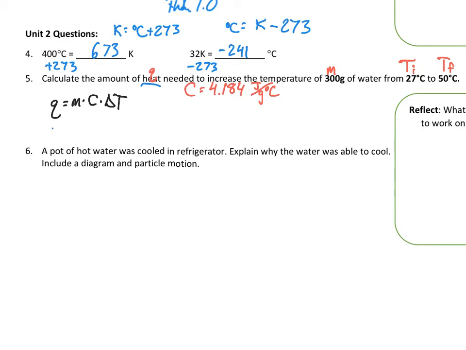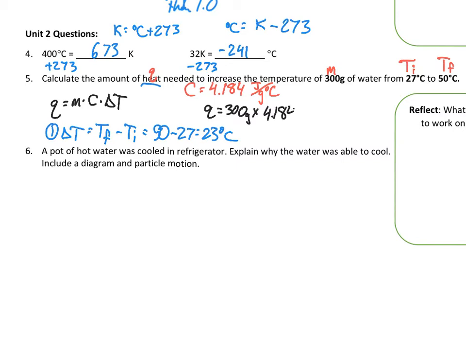So first off, my first step was always to calculate my delta T, which is temperature final minus the temperature initial. So here that would be 50 minus 27, so that is 23 degrees Celsius. And then I'm going to plug everything into the formula. So Q equals my mass of 300 grams times my specific heat of water times my delta T, which I just calculated.